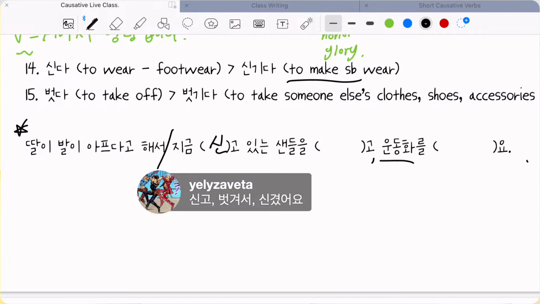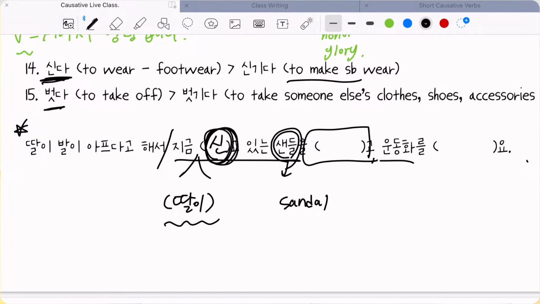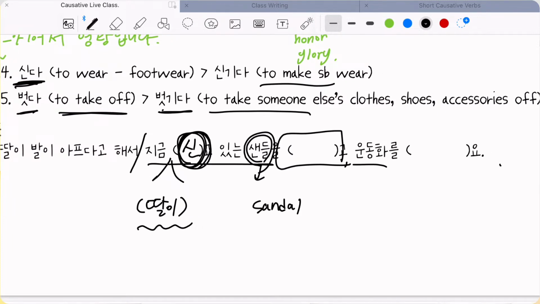지금 신고 있는 샌들을, sandal means sandal. So this sandal would be what the daughter is wearing, right? 딸이, the subject is removed here because it's obvious that it's the daughter's sandal. So 지금 신고 있는 샌들을, the sandal that she is wearing right now, you use 신다. 그거를 벗기고, you took it off from her. 벗다 means to take off, and 벗기다 means to take someone else's clothing or shoes or accessories off.